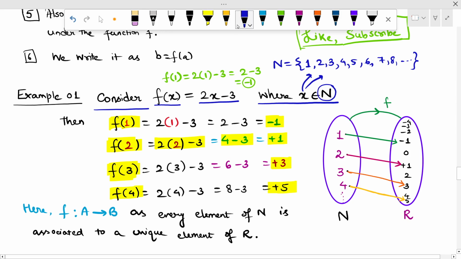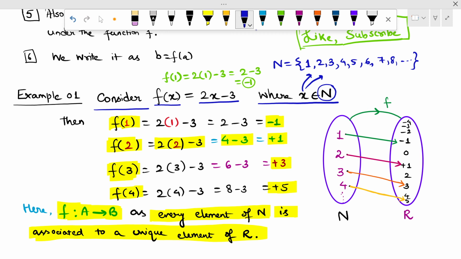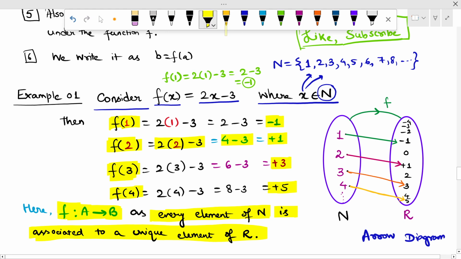So we have created this function f from N to R, which is a function as every element of the set N is associated to a unique element of R. Now, how can we say this? We can say this with the help of an arrow diagram. This is the arrow diagram over here. You can see we had taken the element 1. 1 has the image minus 1. 2 has the image 1. 3 has the image 3, and 4 has the image 5.